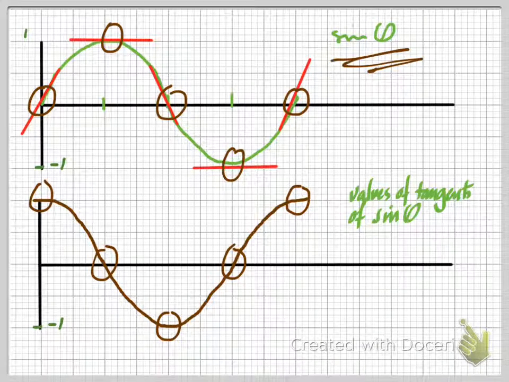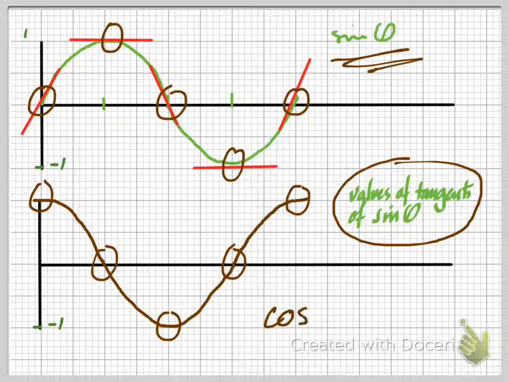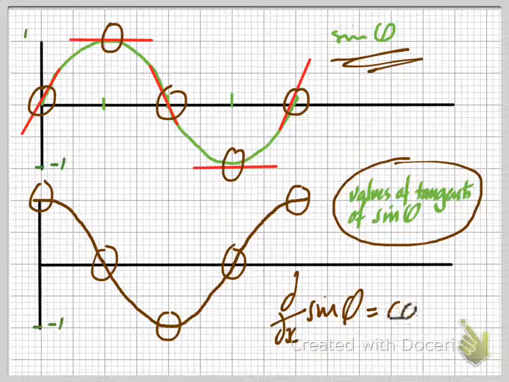And then when I've plotted the values of the tangents of sine theta, what it looks like is cos theta. And that is why, if I differentiate sine theta, it equals cos theta.